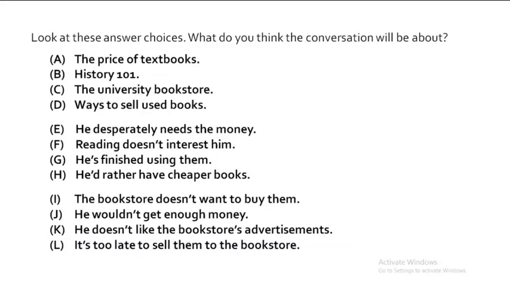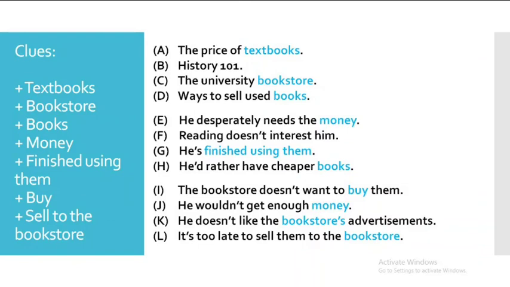Then, let's see the example. Look at these answer choices. The question is, what do you think the conversation will be about? From the answer choices, we can find some clues.